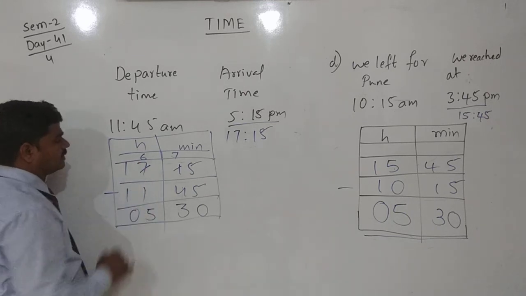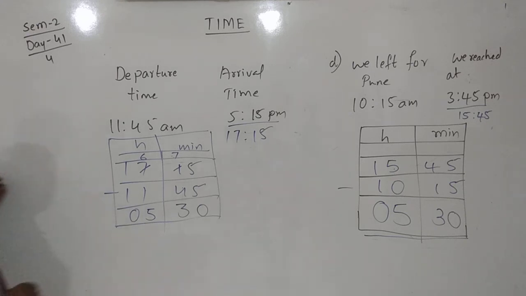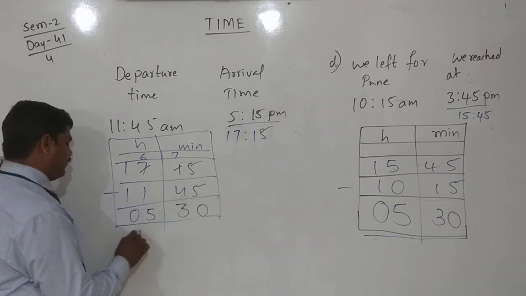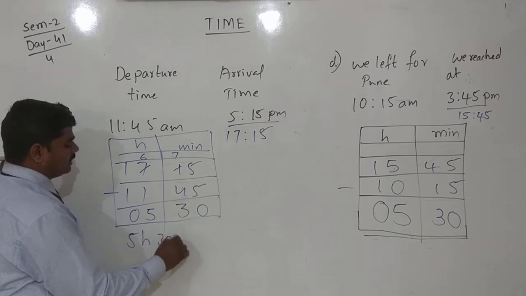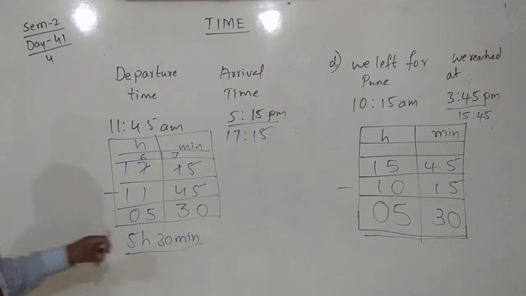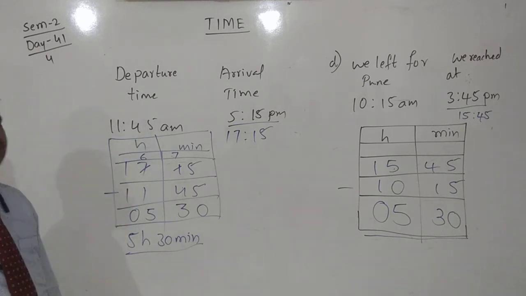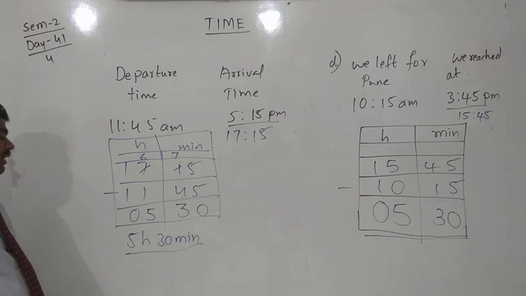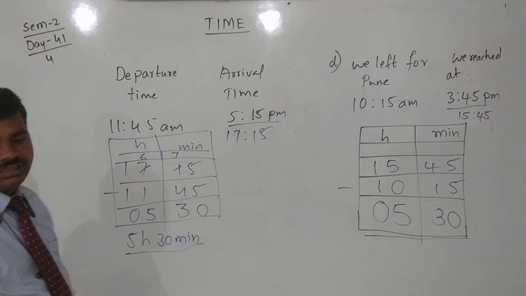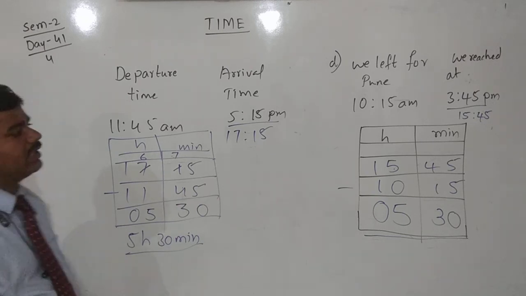So 5 hours 30 minutes is the time interval. Like this you should calculate. Be clear about the arrival timing and departure timing. Find the time interval like this.